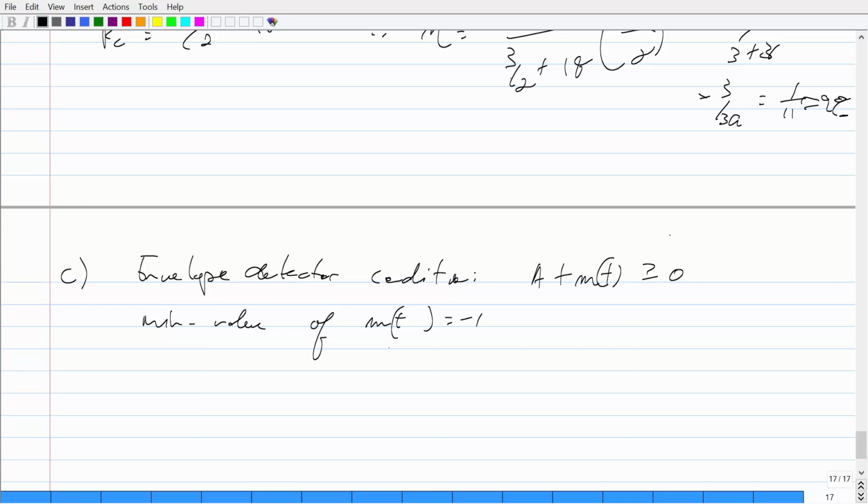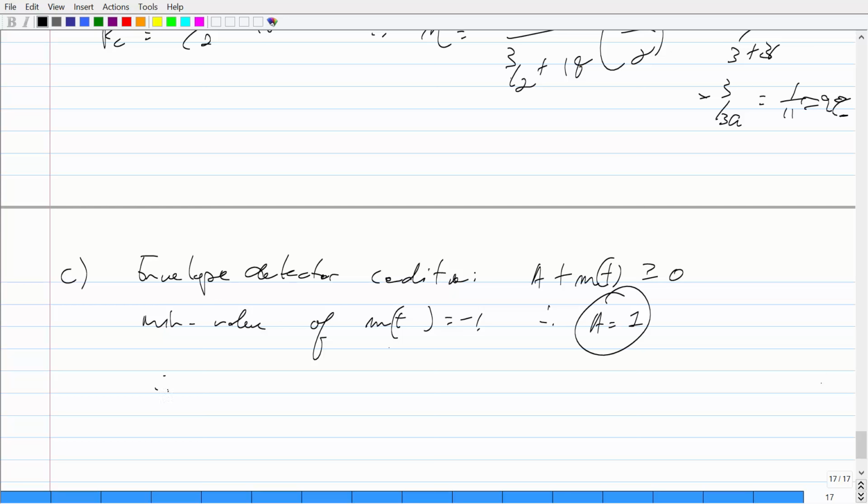So you have to make sure that your carrier keeps this situation above 0. If the minimum value of M of t is -1, then you can simply make A equal to 1. That way, it will be at the corner case where, when you're doing the amplitude modulation, the lowest part of that graph will be just above the horizontal axis, and that's what you need for the envelope detector.